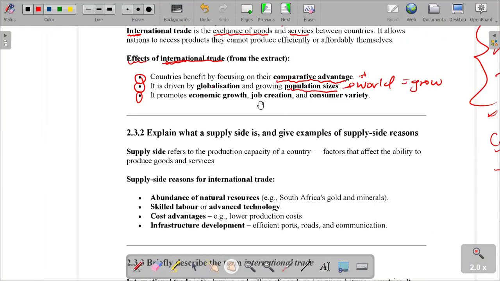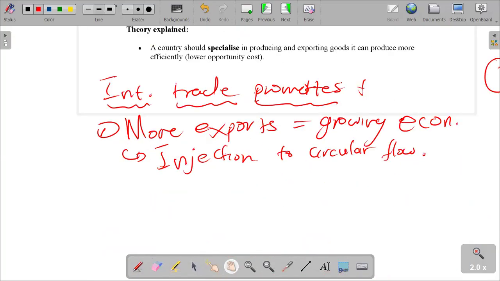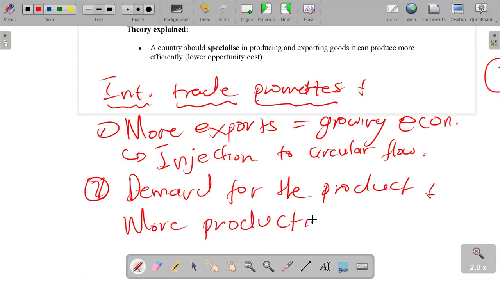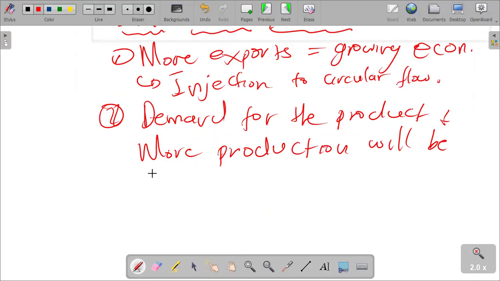And then the second one, it creates job creation. Now, if there is a demand for the product, more production will be required.